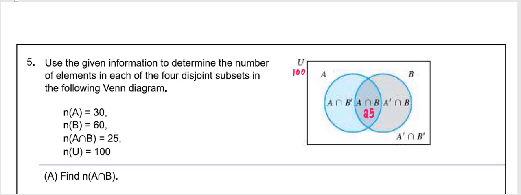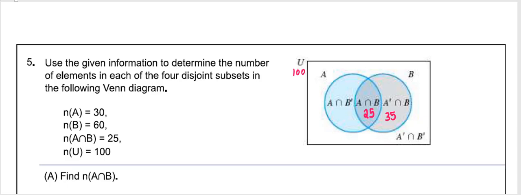And now I can use the number of elements in B is 60. So in B is 60, but I already have 25. So 60 minus 25 is 35. So in the disjoint sets, the not A and B, so out here, there's 35.